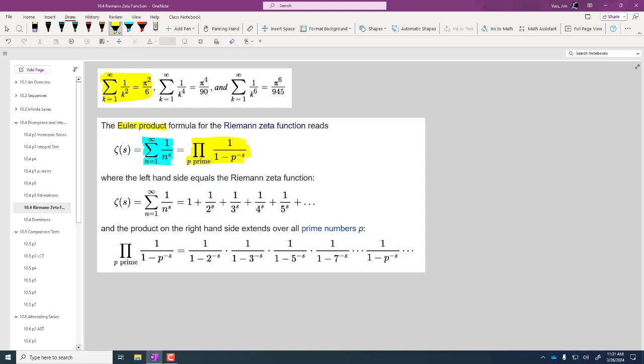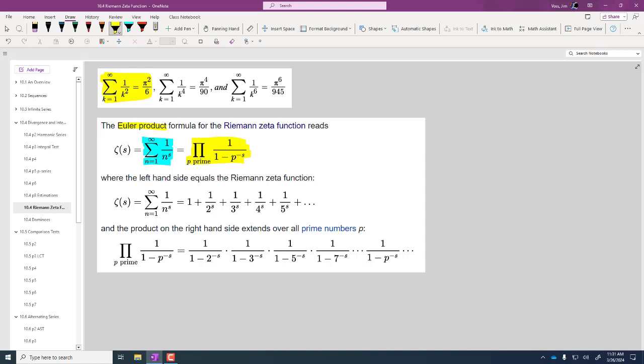So there's the Riemann zeta function written out in its series form, its summation form. Here is the Euler product written out with all prime numbers, just over the primes. So 2, 3, 5, 7, etc. And that's where the prime numbers are coming from.